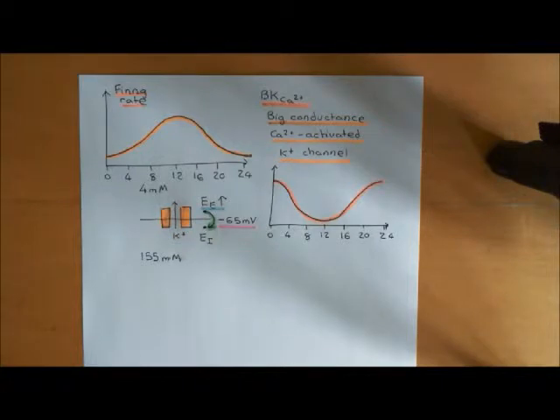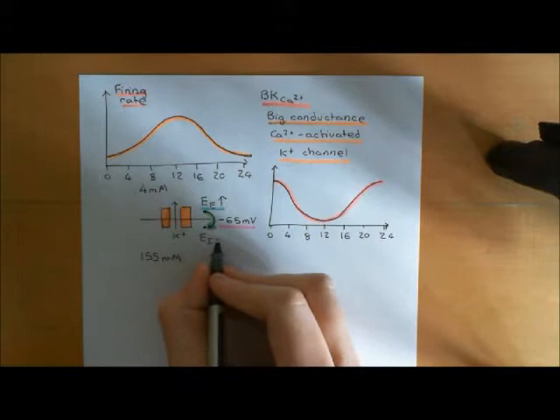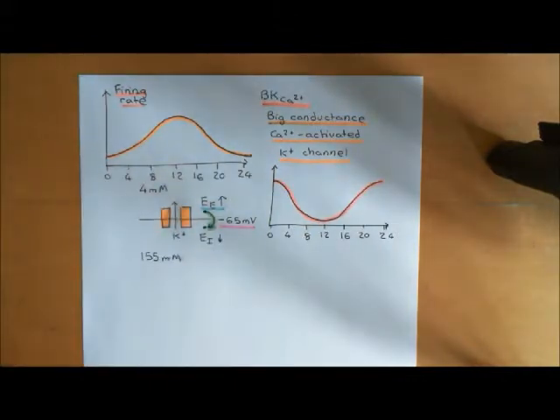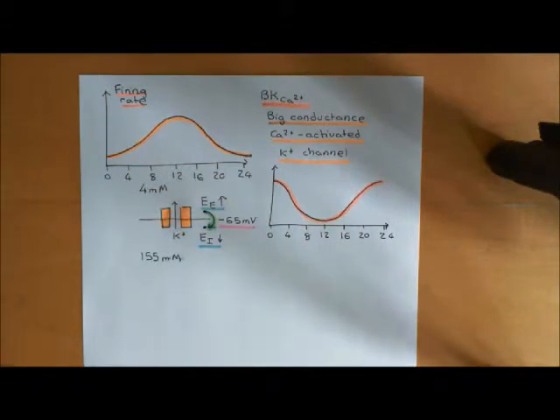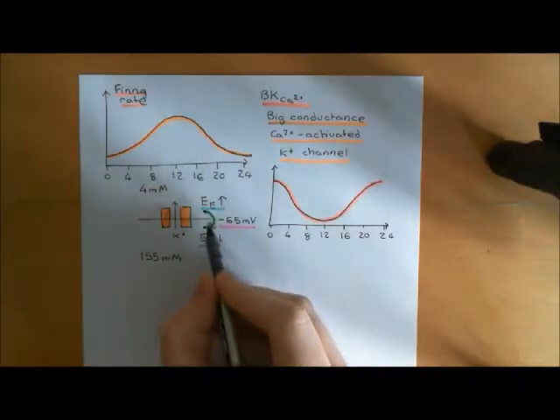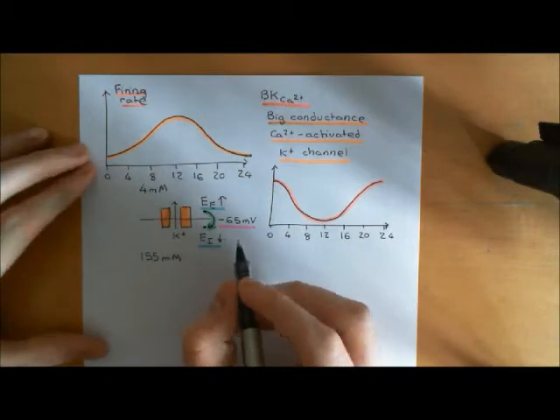When we remove positive charge from the intracellular compartment, we're going to be reducing the electrical potential of the intracellular compartment. Now, what's that going to do to the electrical potential difference across the cell membrane?